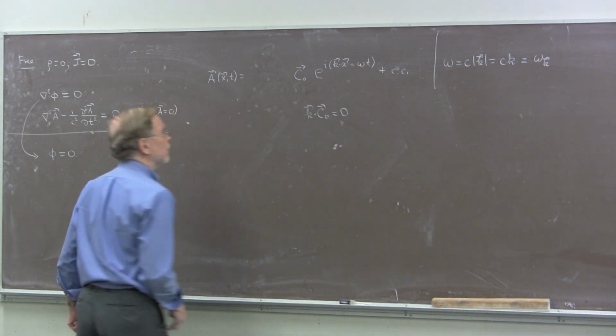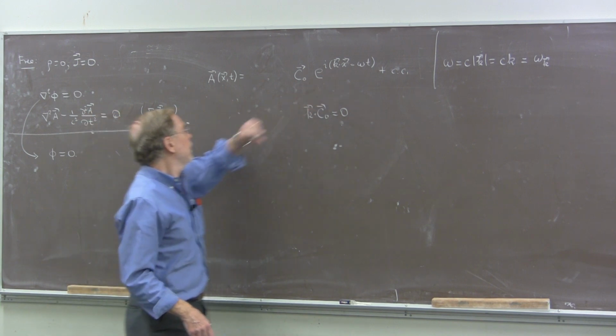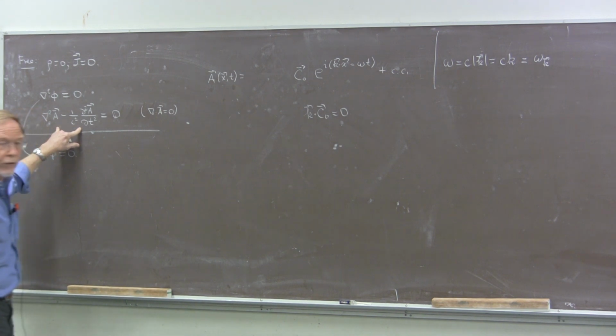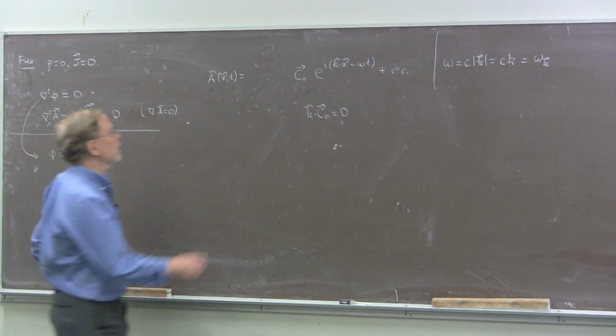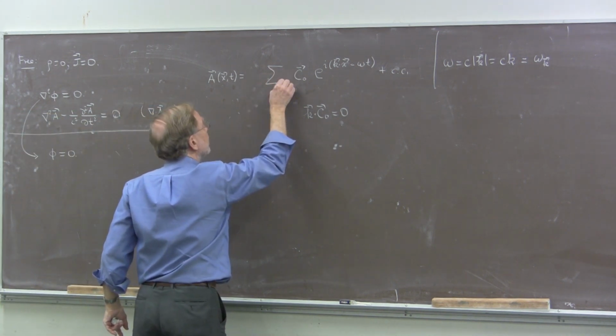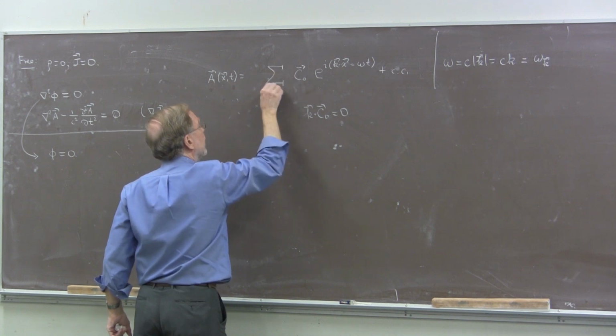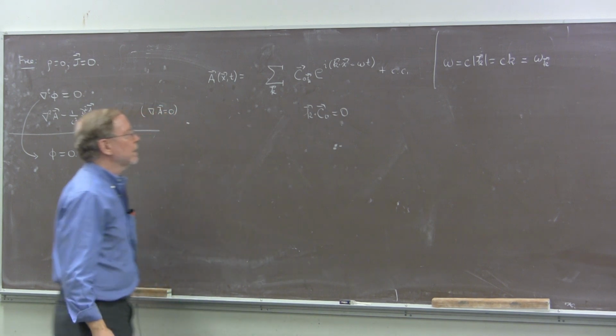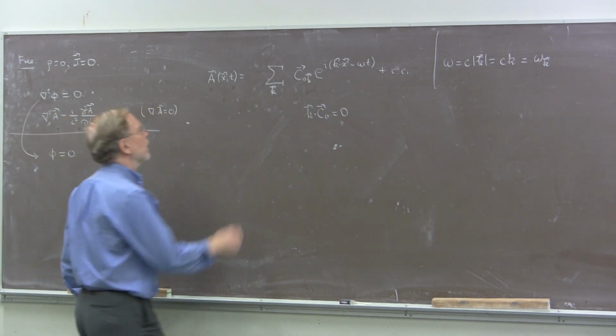So this is a solution with a given direction k. If we want the most general transverse solution of the wave equation, we simply sum over all possible k values on our lattice of points in k space and allow this coefficient vector to depend on k. And that's what I'm going to do, except for one more cosmetic change.